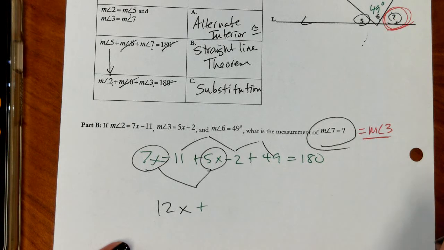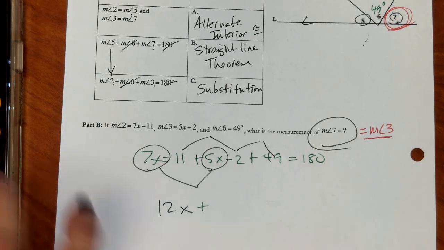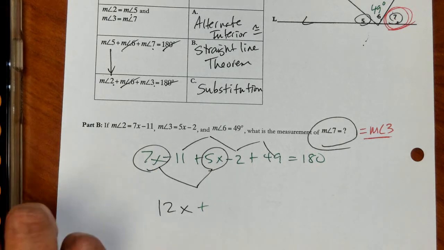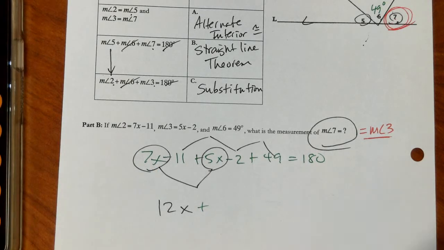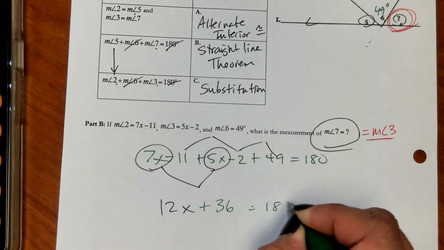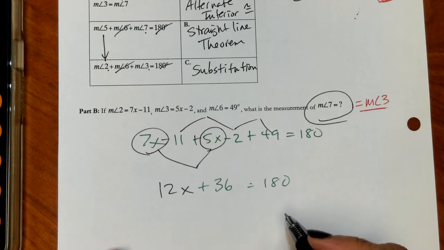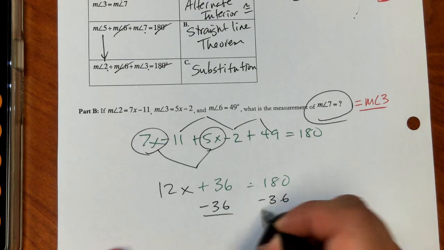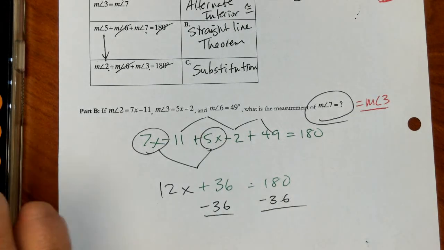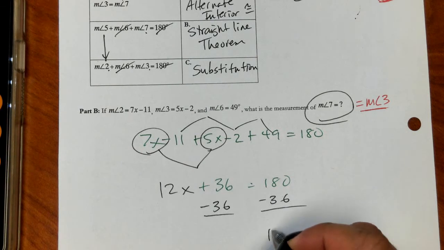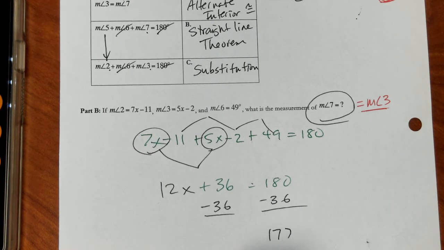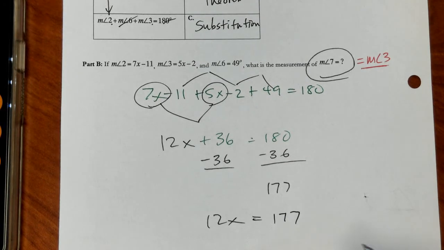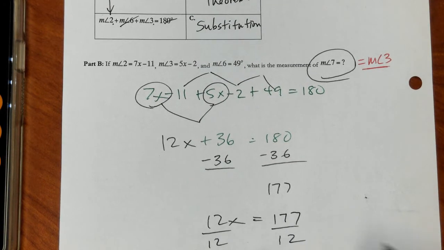That doesn't sound right. So 49 subtract 2 is 47. Subtract 11, that's better. 36. So 12x plus 36 equals 180. I have to get rid of that 36 by subtracting 36. 180 subtract 36 is 144. So we get 12x equals 144. Divide by 12, divide by 12.